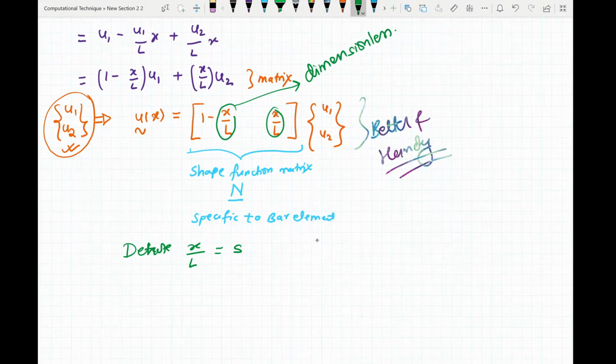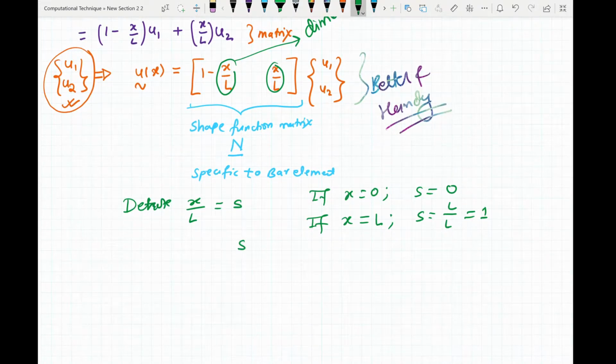Now you see, if your x equals 0, then your S will also be equal to 0, and if your x equals L, you'll get S equals L by L, which will be equal to 1. Therefore S varies from 0 to 1.